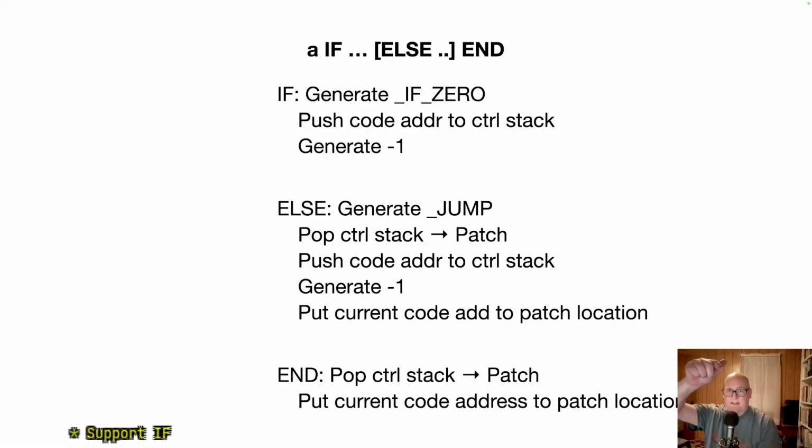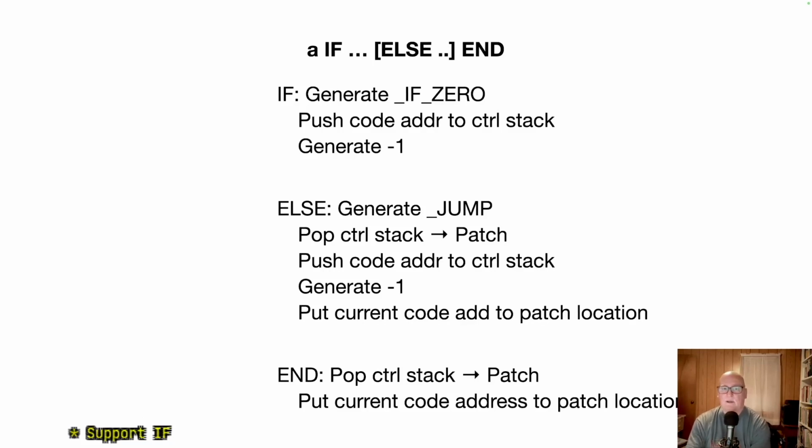So the else clause, we want to go back and patch the if statement to jump to the else clause, but then we also have to make sure the last statement of the if is a jump because we don't want to continue executing the false stuff. The else clause, we want to jump down to the end statement. So that's that jump on the else clause.